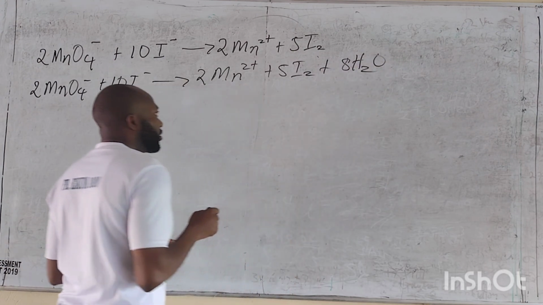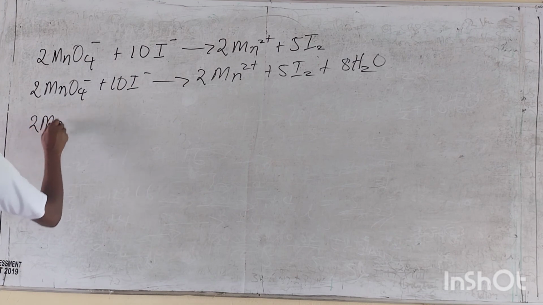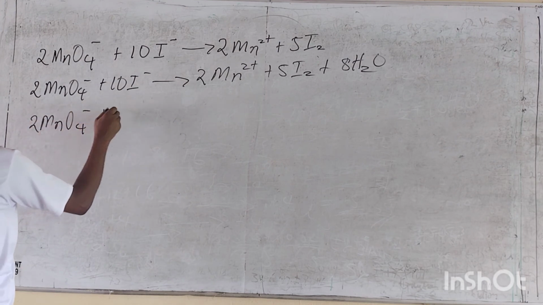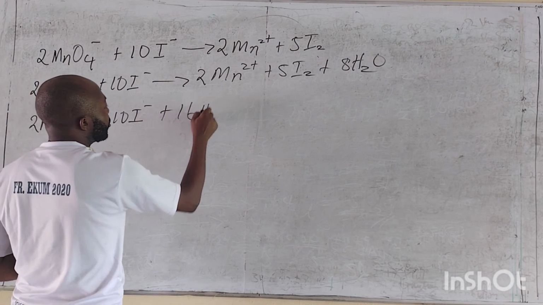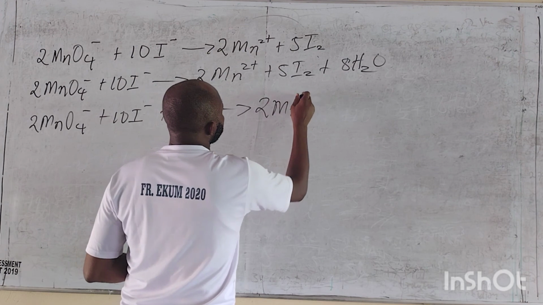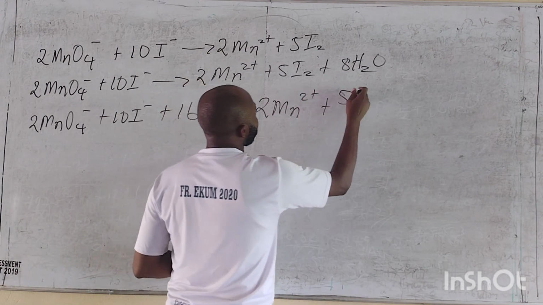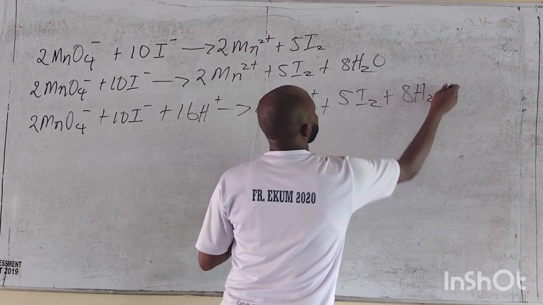And now I have 16 hydrogen. To introduce this, I have 2 MnO4 minus plus 10 I minus plus 16 H+ will give us 2 Mn2+ plus 5 I2 plus 8 moles of water.